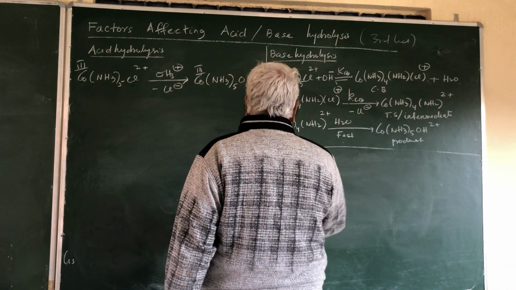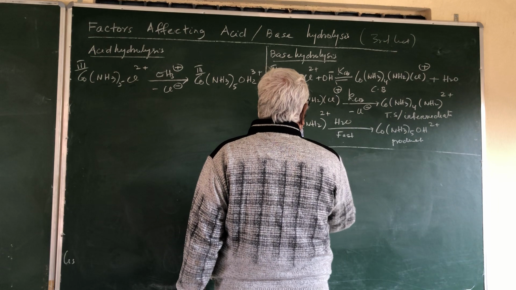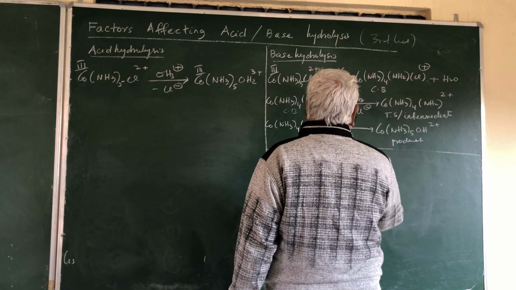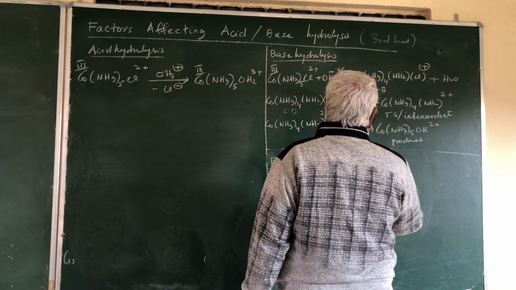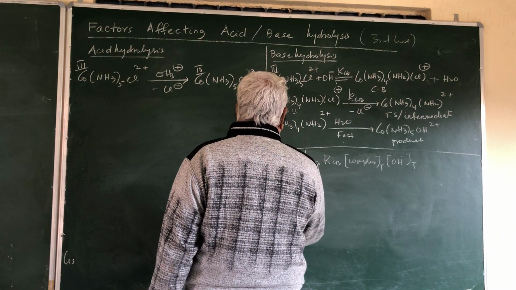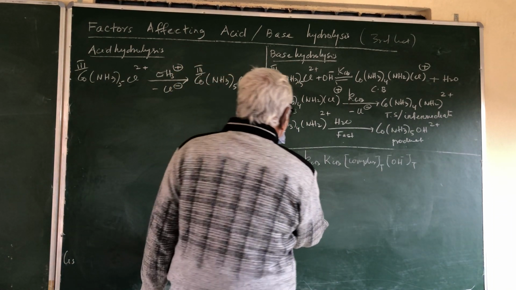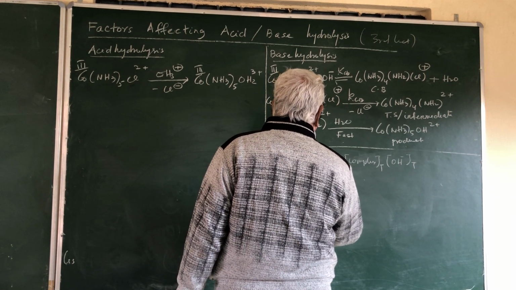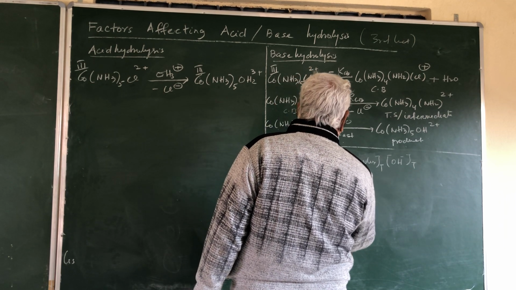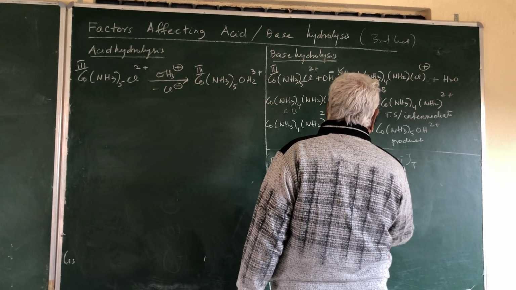So here if you look at the rate, the rate will be equal to Kcb into the complex total into the hydroxide total, or K observed is equal to, these things we have already discussed, Kcb K by Kw, hydroxide.